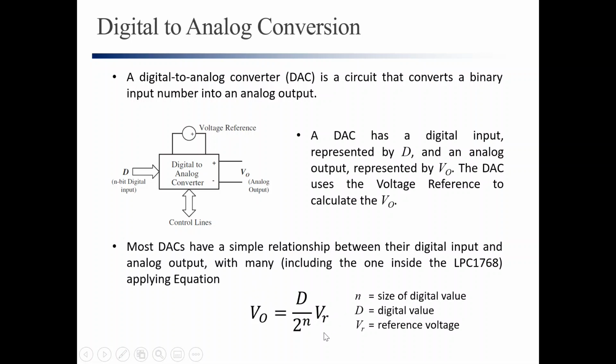The analog voltage can be obtained by using the same formula as the ADC, where the equation is rearranged like this: Vout is the analog voltage at the output, equal to D, the digital input from the microcontroller, divided by 2 to the power of n, where n is the size of the DAC, multiplied by the Vreference, VR.